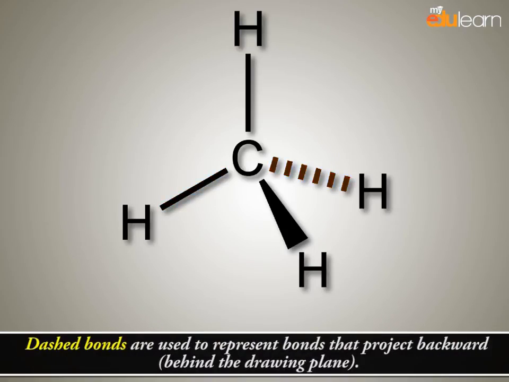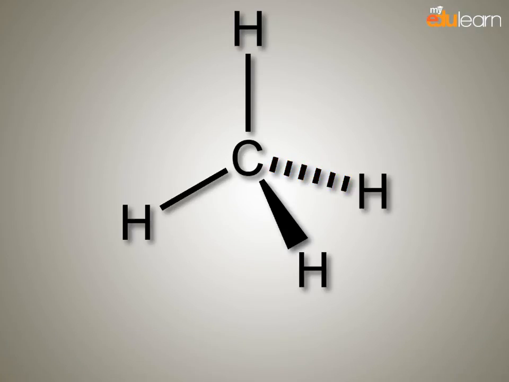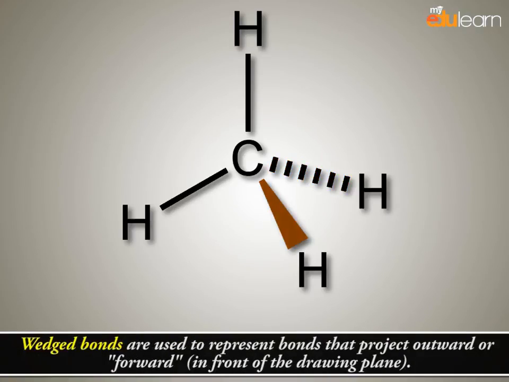Dashed bonds are used to represent bonds that project backward behind the drawing plane. Wedged bonds are used to represent bonds that project outward or forward in front of the drawing plane.